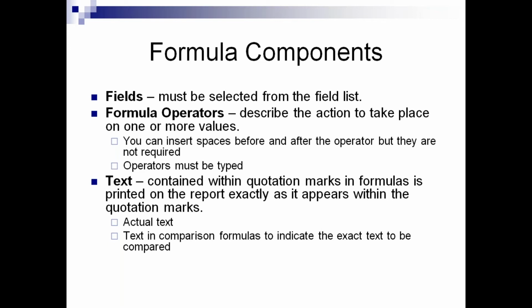You can't just type in the field name. You have to double-click on the field itself off of a field list, and that will pull that field into the formula. And you'll actually be able to see when you do that, it'll change color. The fields themselves will be blue, whereas the things that you type in will be black.